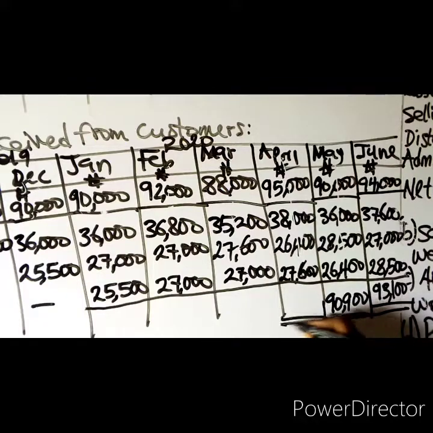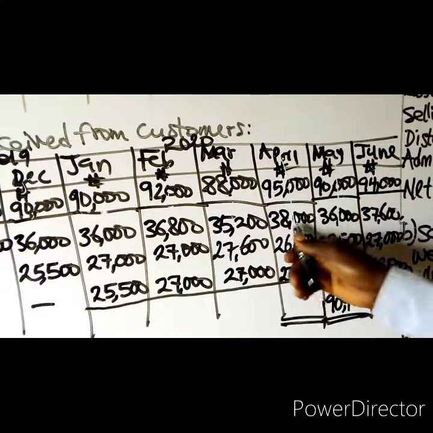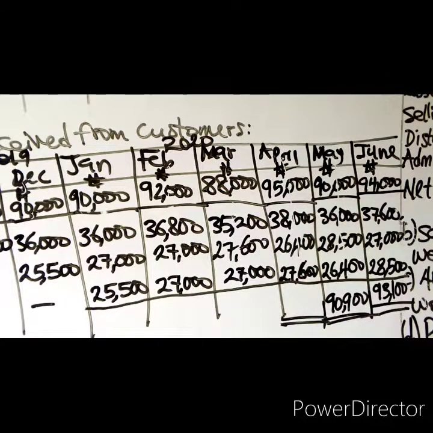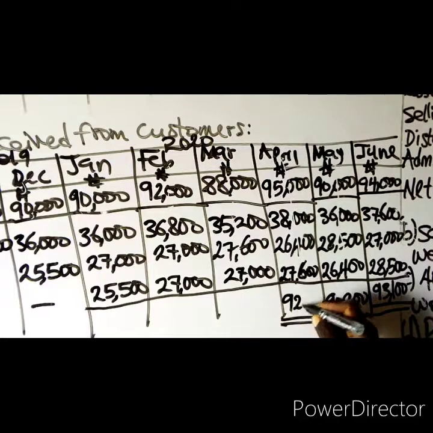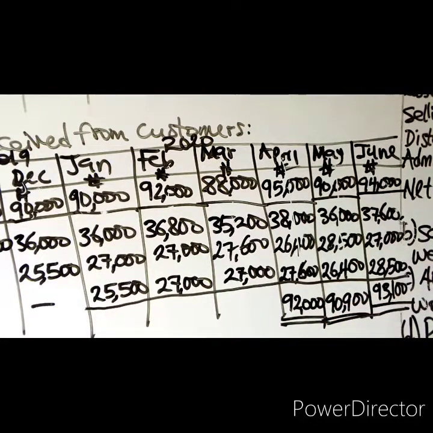Then we also have April, 38,000 plus 26,400 plus 27,600. Then we have 92,000 in the month of April. Then March, you have 35,200 plus 27,600 plus 27,000.